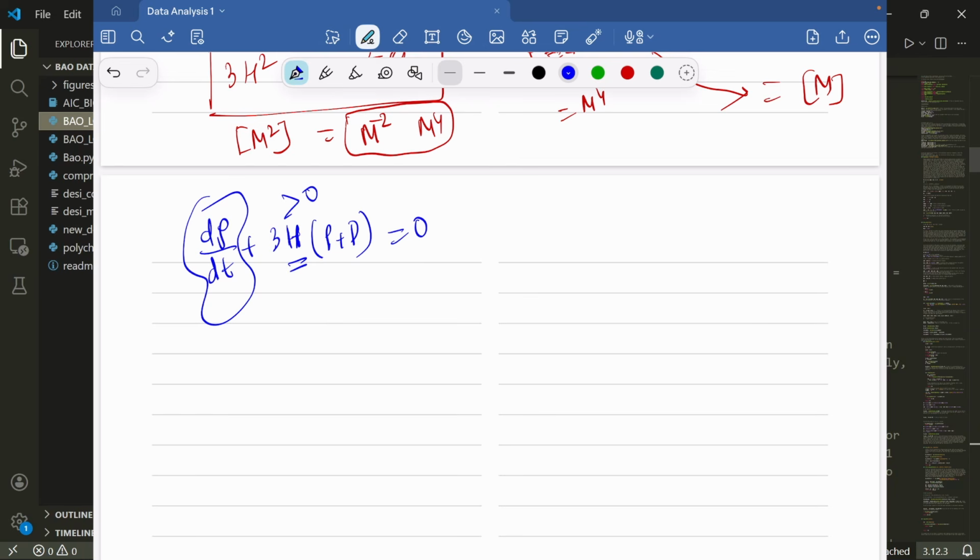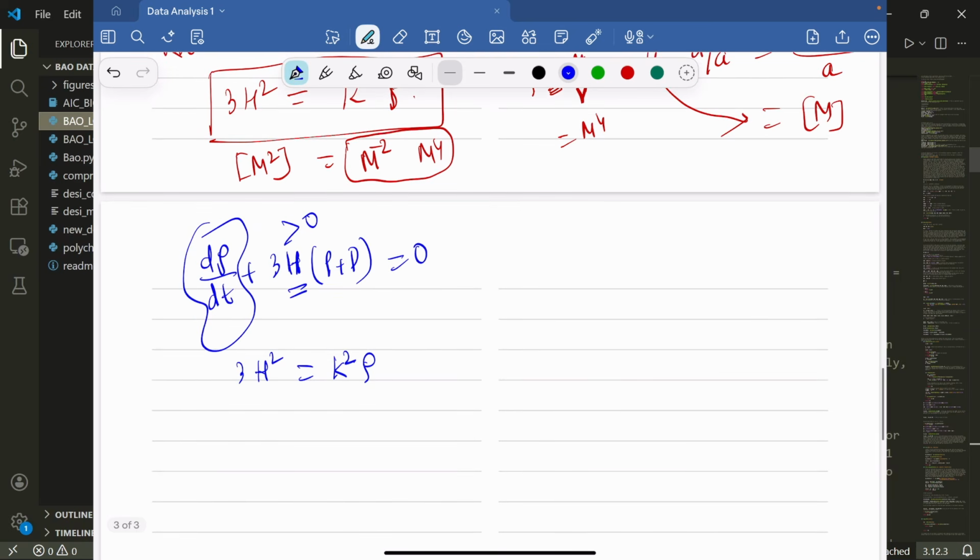So we have two independent equations. Although we can have three equations, one equation can be obtained by taking a derivative of another one. Let's say I take a time derivative and use the continuity equation, then I will get the Raychaudhuri equation, or second Friedmann equation, 2H dot plus 3H square is equal to minus kappa square p.